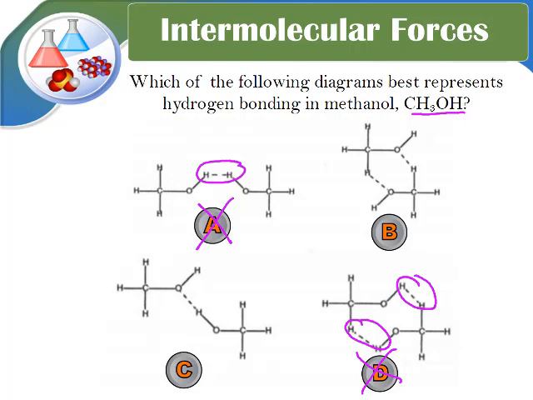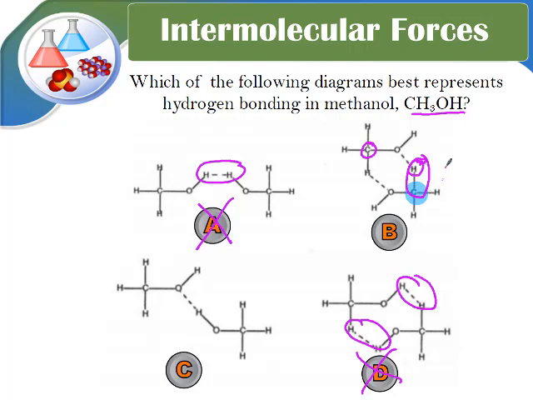So what you have to look at is on this first one, you have an H attracted to an O and an H attracted to an O in both cases, but that H is attached to a C. So the H is attached to a C and it's attracted to the O. Same thing on this side. This hydrogen right here would not be slightly positive because this is not a polar bond.